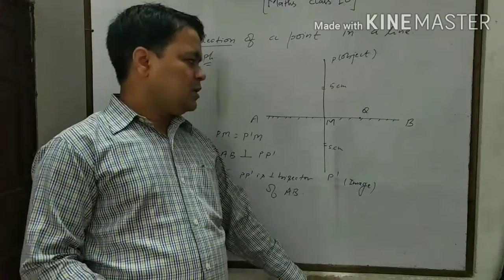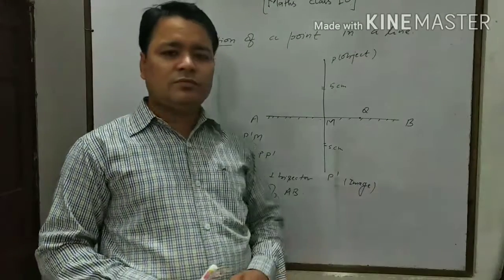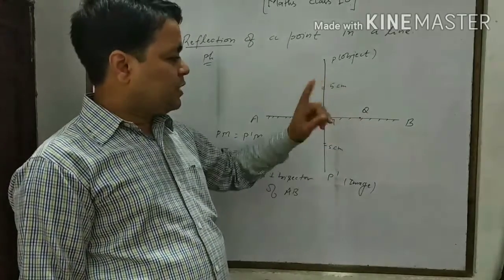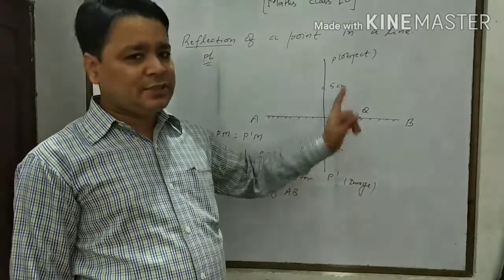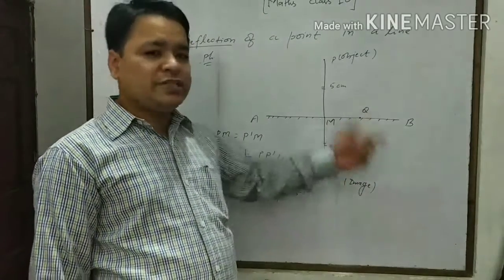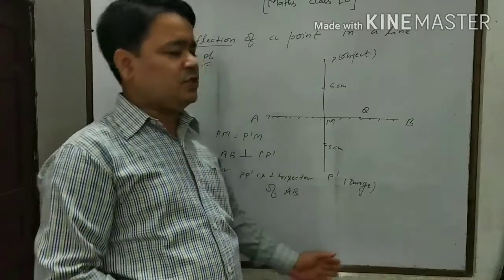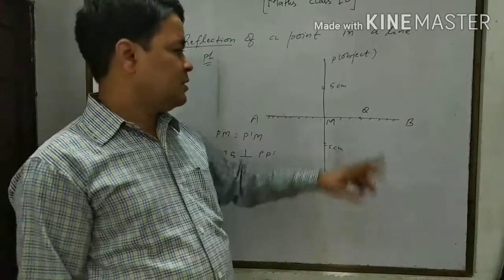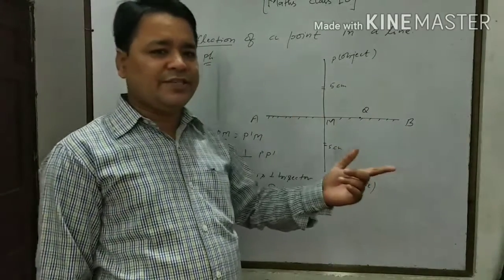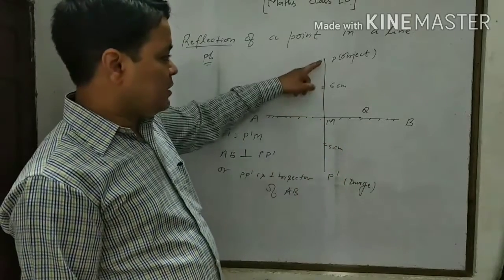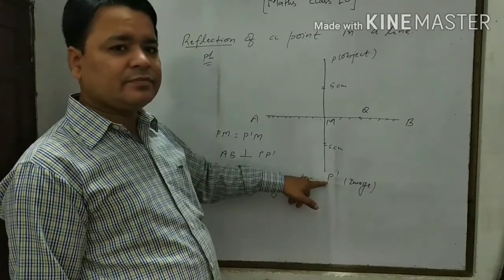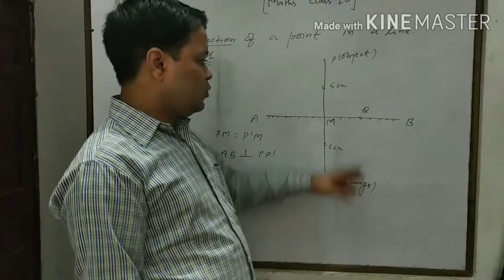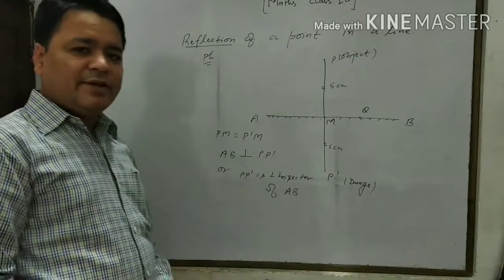Then the image of object Q will coincide. Means the image of object Q and Q itself will coincide with each other. In this condition, we say that point Q is the invariant point. Here object and image both coincide. Therefore, we say that Q is the invariant point.